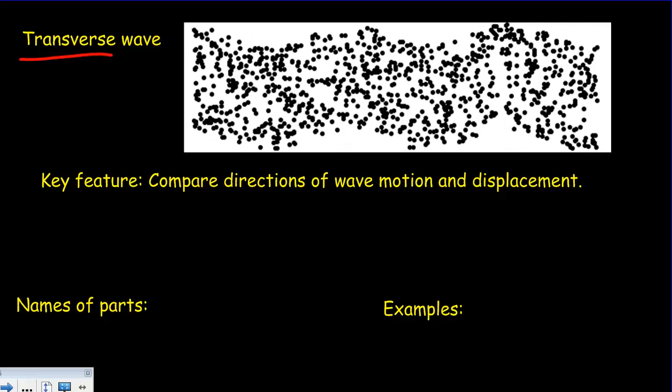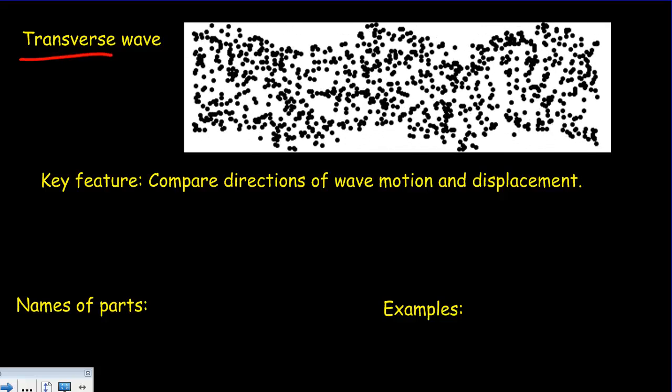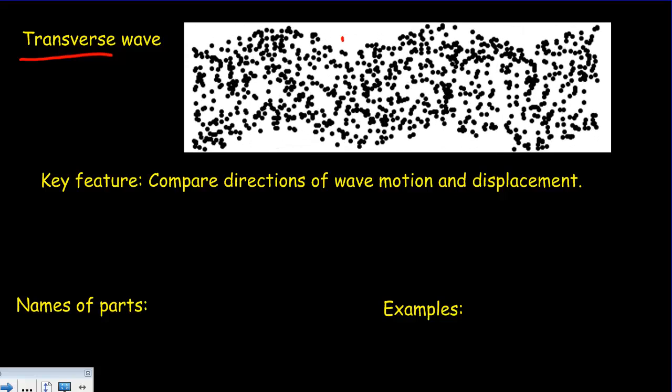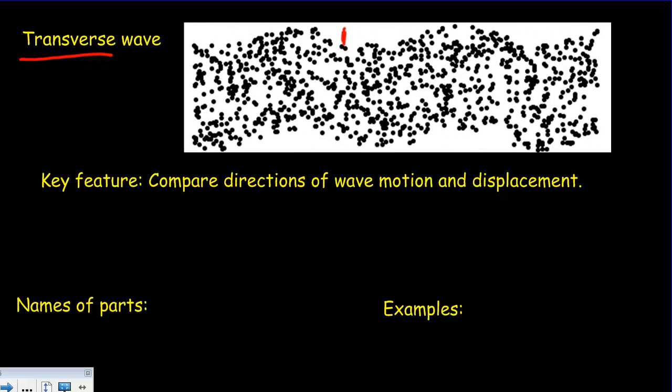Let's look in more detail at the transverse wave. So here's a transverse waveform. If I focus in on any one of those particles, you notice that it's just oscillating up and down in simple harmonic motion.